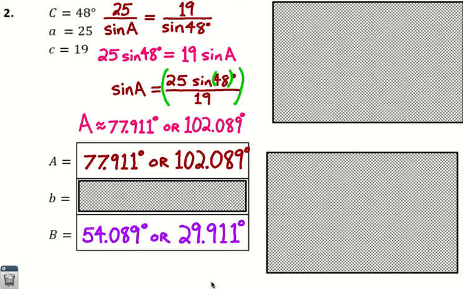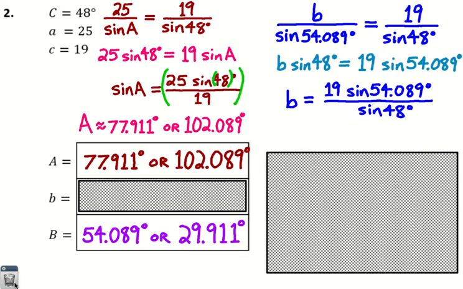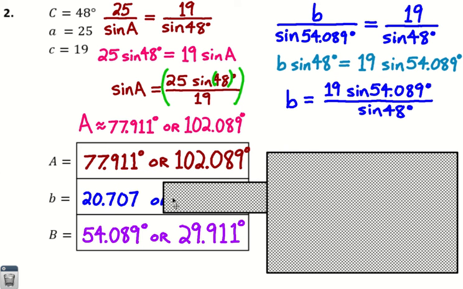And then for little b, well, if this is my big A with this as my big B, you have to do a full law of sines proportion to get this as your little b.